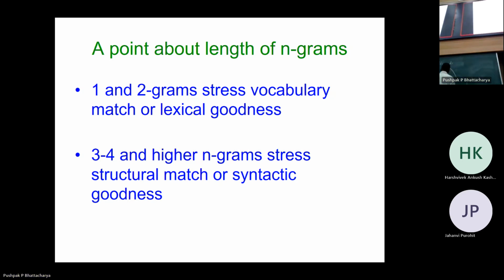Non-compositional: meaning cannot be made out from the meanings of parts. So an example of this would be, this is my favorite example.